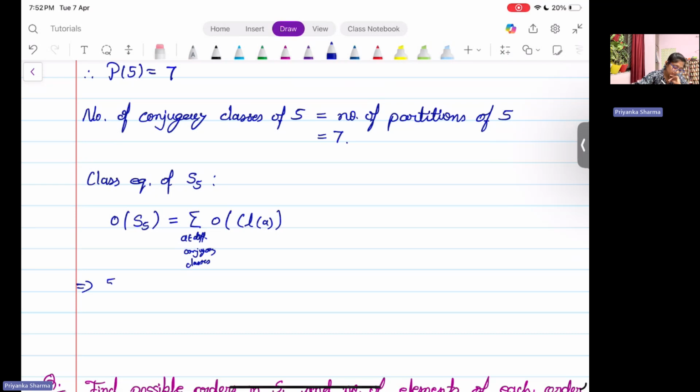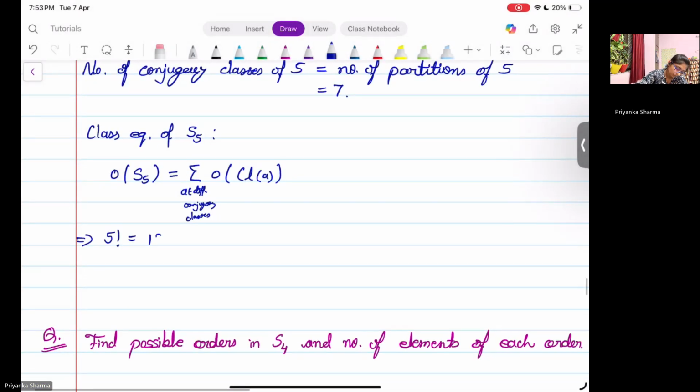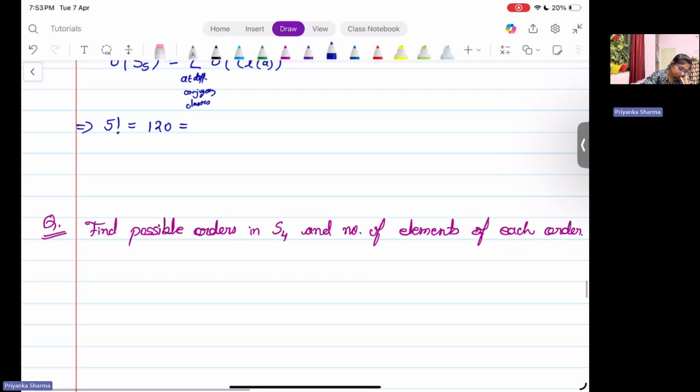The order of S5 is factorial 5, that is 120. We need to find the rest. So I would like to state a result.